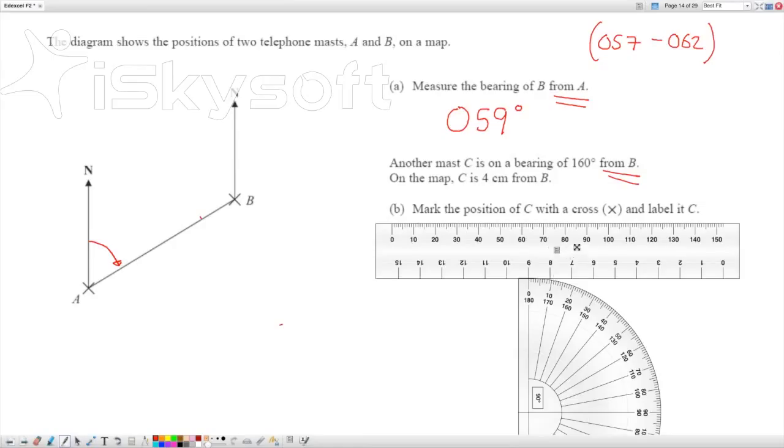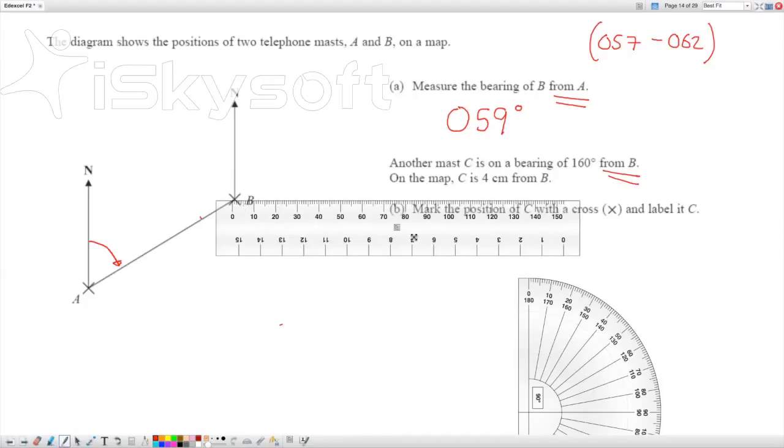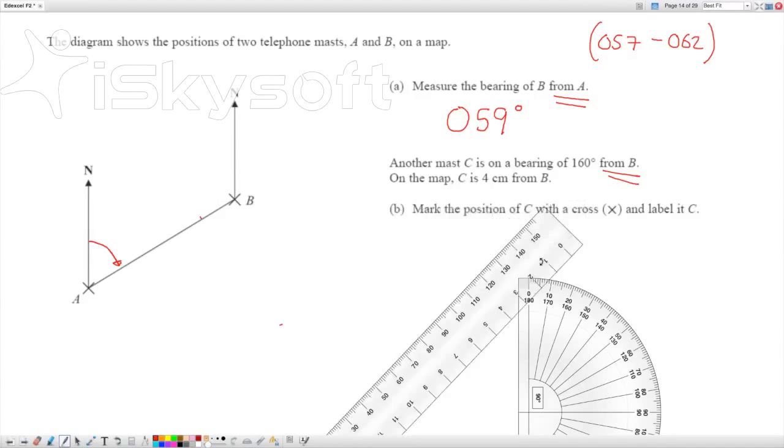So using your ruler, putting your 0 on B, turning your ruler around. Oh, that's my scale changing.